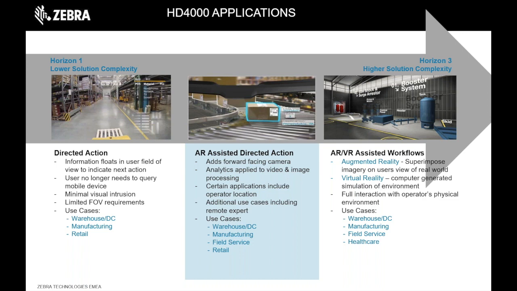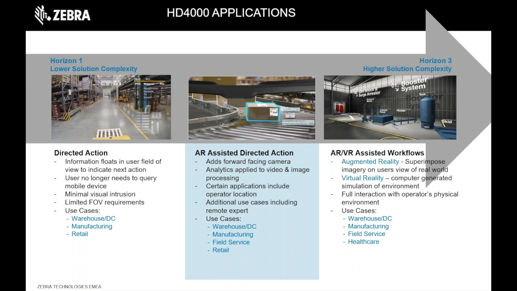So for example, that could be information about stocking. If you're walking through a warehouse, you could display stock levels. You could display sales information if you're in a retail environment. If you're looking for a product, you could display arrows which guide you to that product. So it's those type of applications where you need to direct the user to a particular location or provide information about a particular location.